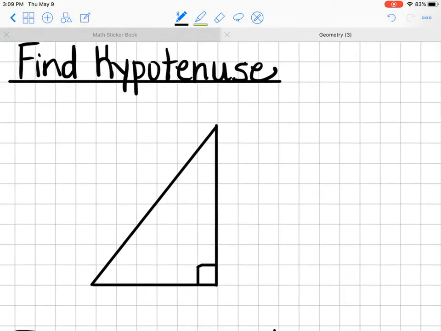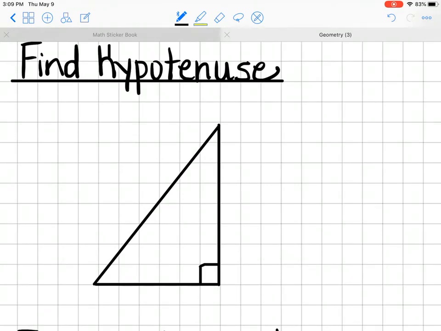Okay, on this one, I want you to find the hypotenuse. And I am going to use my little points here too. And you may be thinking, well, she didn't give me any numbers. And I didn't. I will tell you that we're looking for the hypotenuse. And I know this is the hypotenuse because it's across from the right angle. Here's the angle.